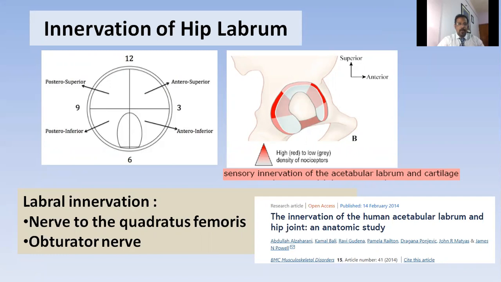The hip labrum is divided into posterior superior, anterior superior, posterior inferior, and anterior inferior compartments. The innervation is mainly from the nerve to quadratus femoris and obturator nerve. And if you see the nociceptors, the maximum concentration of nociceptors in the acetabular labrum and the cartilage is present in the superior aspect, both superior posterior and superior anterior.